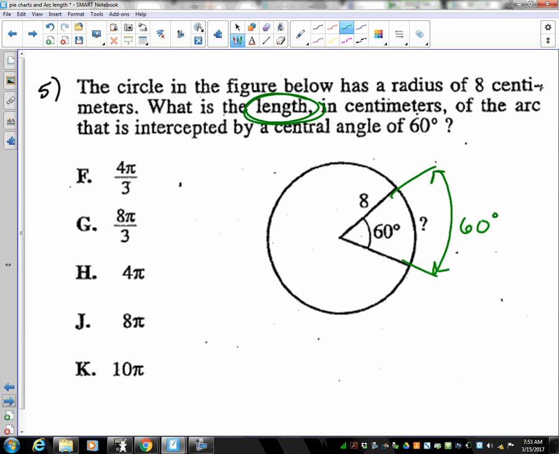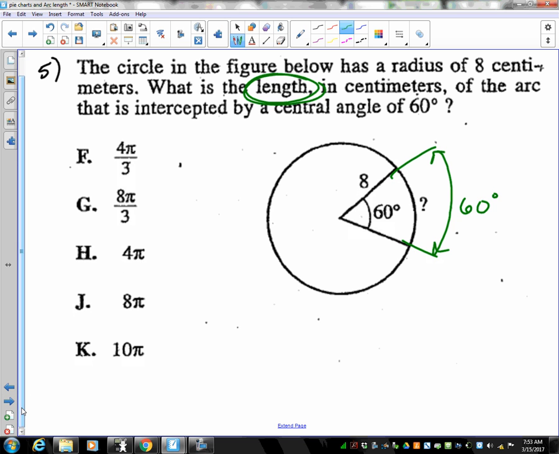So what we're going to use here is we're going to use the measure to find the length by using a proportion. So the way we set up this proportion is we first set up the measure as a part to total. So the part that the arc measures is 60 degrees, and the total degrees in a circle is 360. Now here comes the hard part.